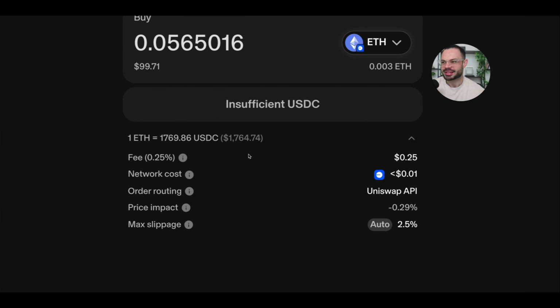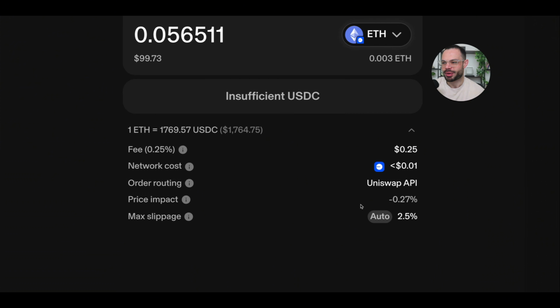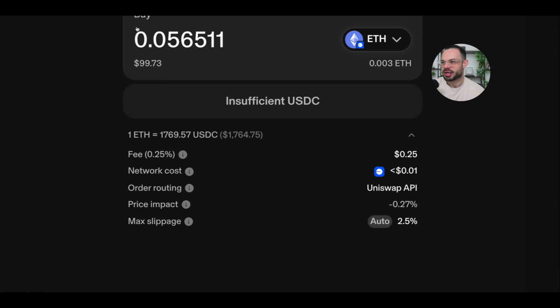In this instance, if we're swapping 100 US dollars into Ethereum, it's going to equate to about 0.056 ETH at today's prices. But you'll notice that the user executing the swap is paying that 0.25% fee tier fee, or 25 cents on $100 of a trade.